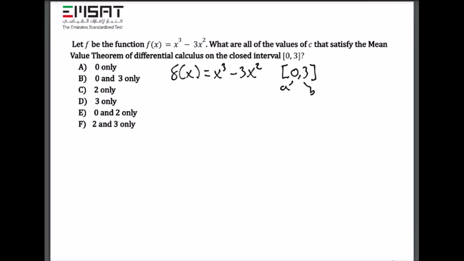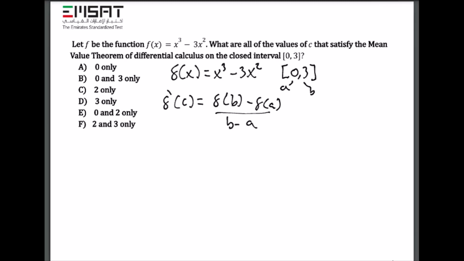So now the equation for the mean value theorem is f prime of c equals f of b minus f of a over b minus a.